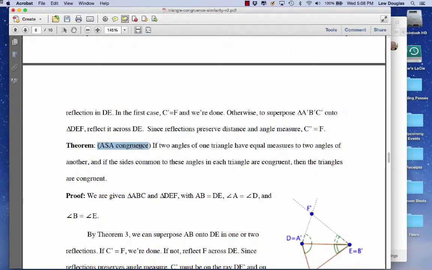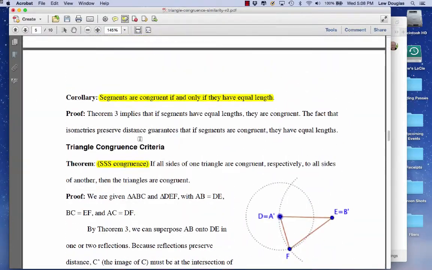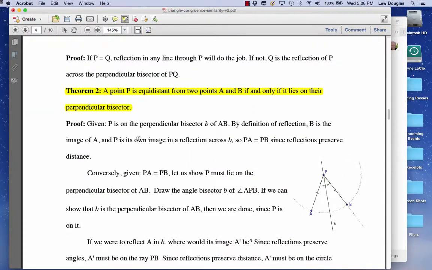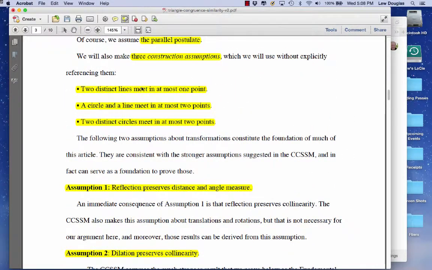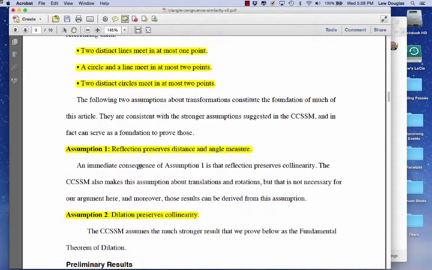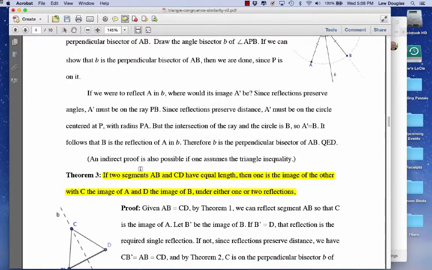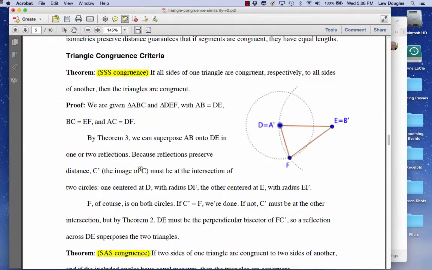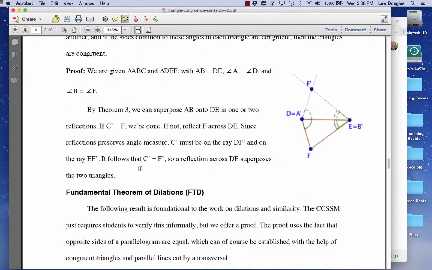We can prove all those things. And each one uses a different one, interestingly, of the construction assumptions, which is why I'm going back. Each one of these uses a different one of these. So there's a nice elegance there in the way that those things correspond. Okay, so that proves the congruence.